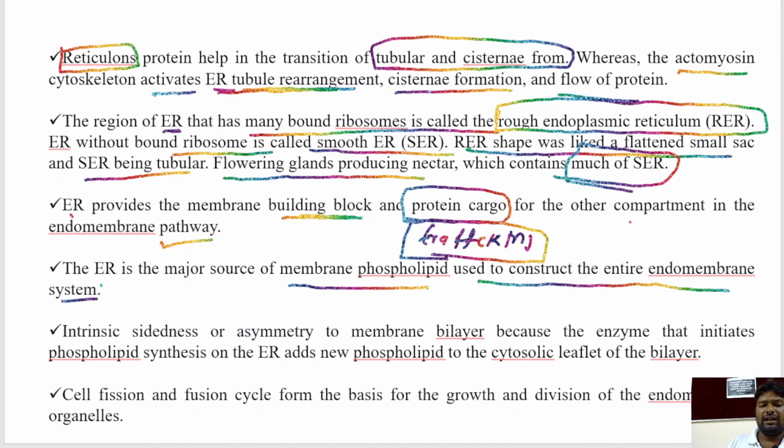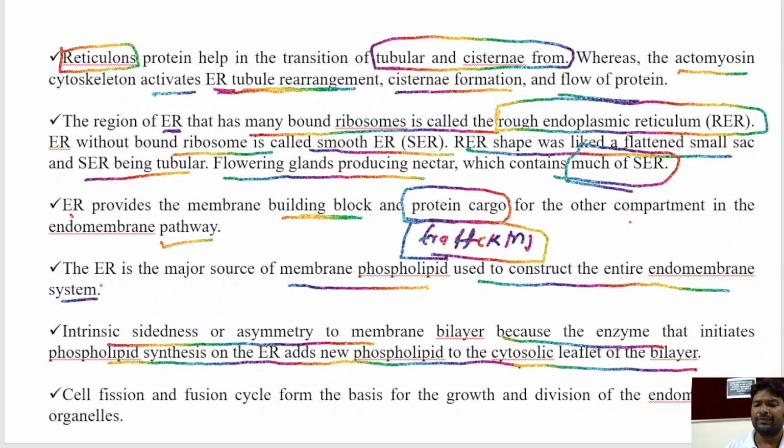And the intrinsic sidedness or asymmetry of the membrane bilayer is because the enzymes that initiate phospholipid synthesis on the endoplasmic reticulum add new phospholipid to the cytosolic leaflet of the bilayer.